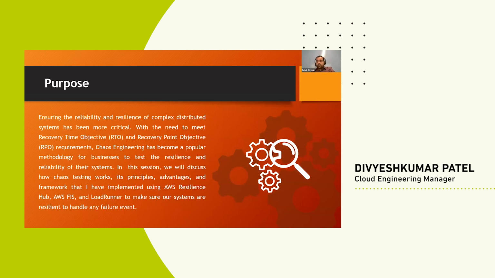Based on Gartner analysis, job postings and the adoption of chaos engineering increased by 200% within a couple of years. As part of this session, I'm going to share information about the principles of chaos testing or engineering, its advantages, and also the framework that I have implemented in my organization.